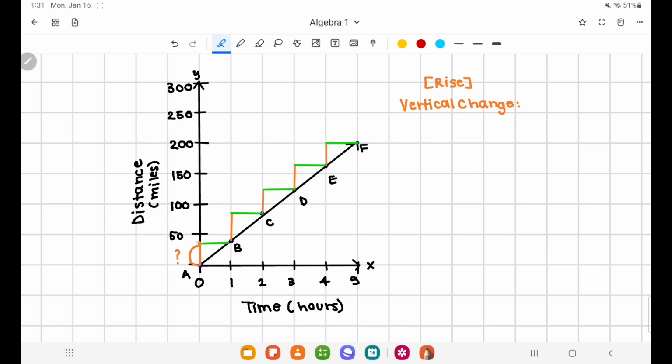So we know that this point right here is 40. So that means the distance from 0 to 40 is 40. So our vertical change is 40. Now we're going to calculate our horizontal change, or our run. What is this value? That's pretty easy. It's already given, 0 to 1, so this is 1.